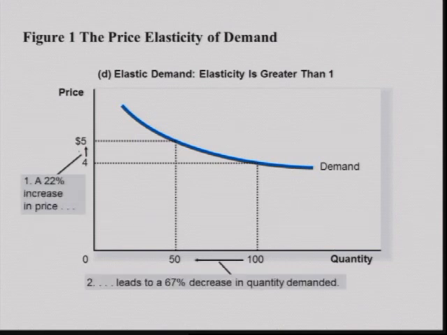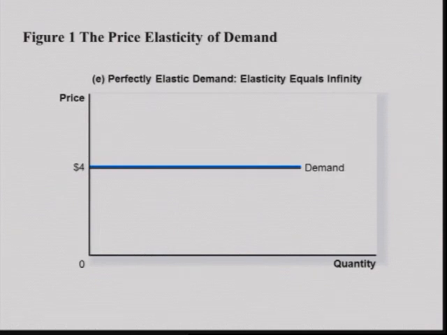Oh, so on this slide, just put relatively elastic demand. Okay, here, another extreme. This is perfectly elastic demand. Perfectly elastic. So if you ever see that on a quiz or test, just remember that's a straight horizontal line.